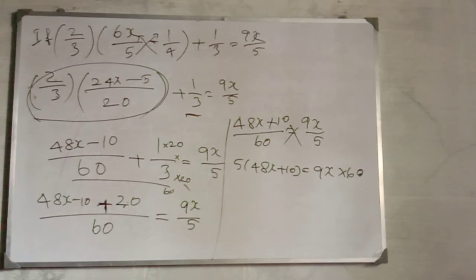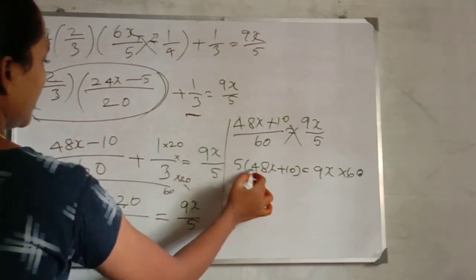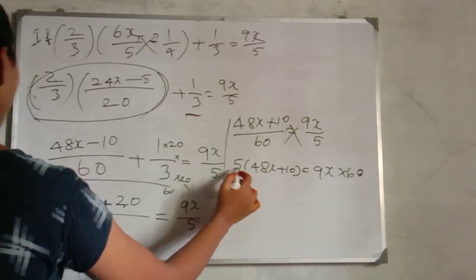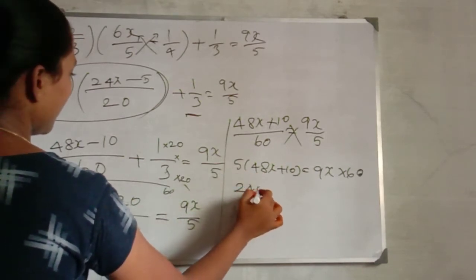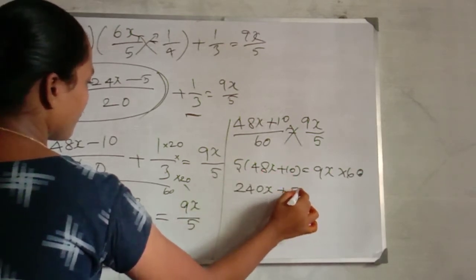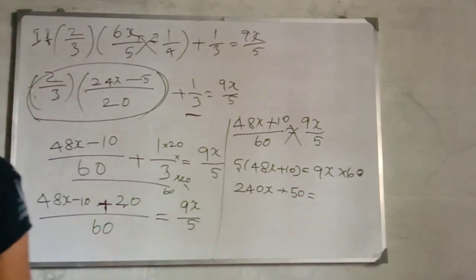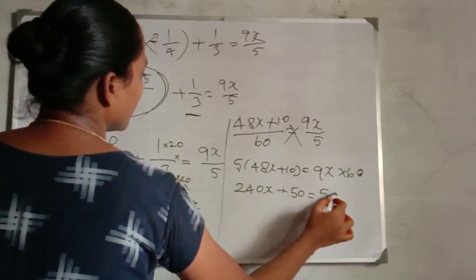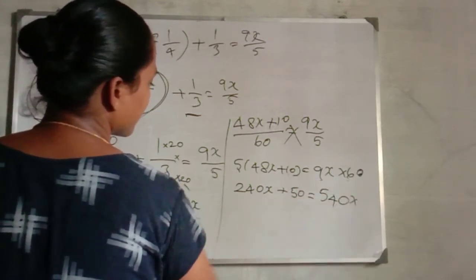So 48 into x, what will be the answer? 48 into 5, the answer will be 240x plus 10 into 5, 50, is equal to 9 6s are 54, so 54x.